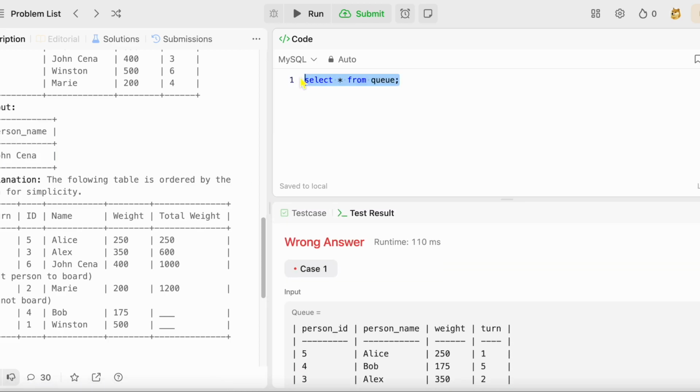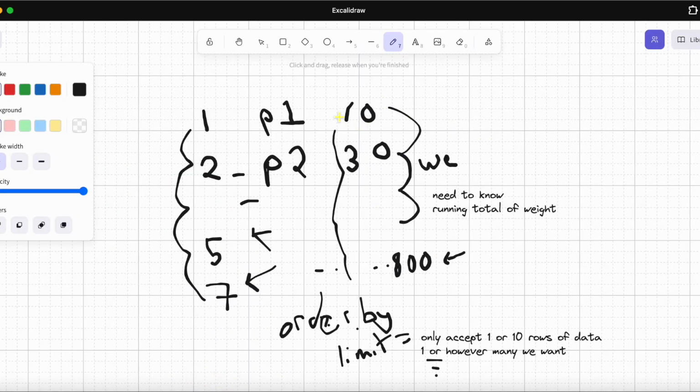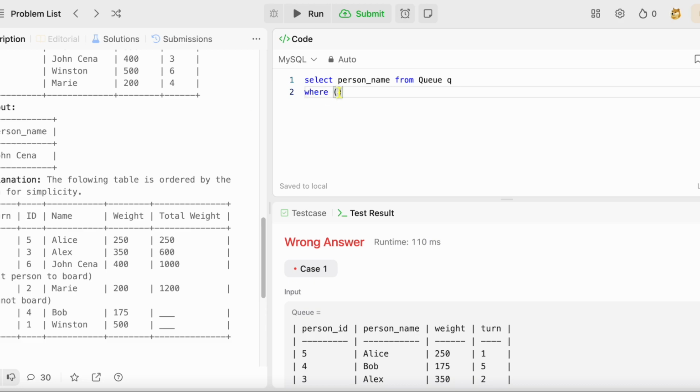So I have the coding solution where what we're going to do is select person_name, because we only need one column, from Queue. We're going to alias this as Q, where, and remember we said we want to have this running total. You can also call it an aggregate. We need to aggregate the total.